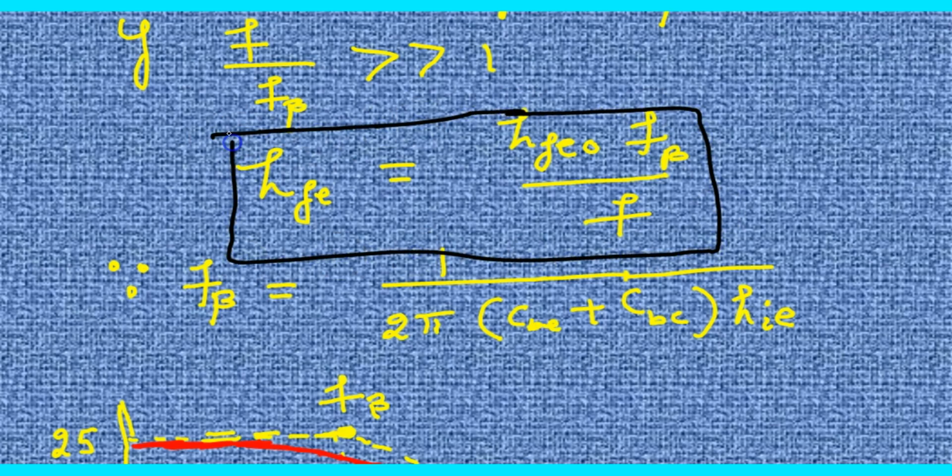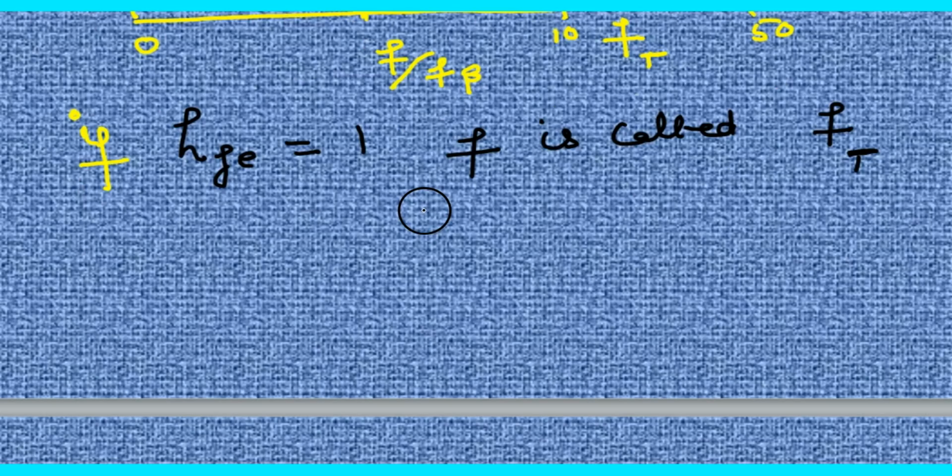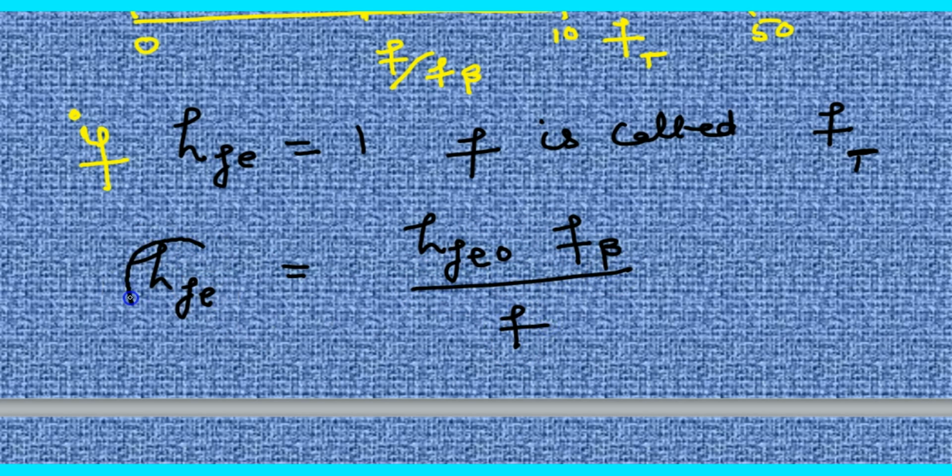We consider this expression: HFE equals HFEO f beta upon f. If this is 1, this f is termed as ft.